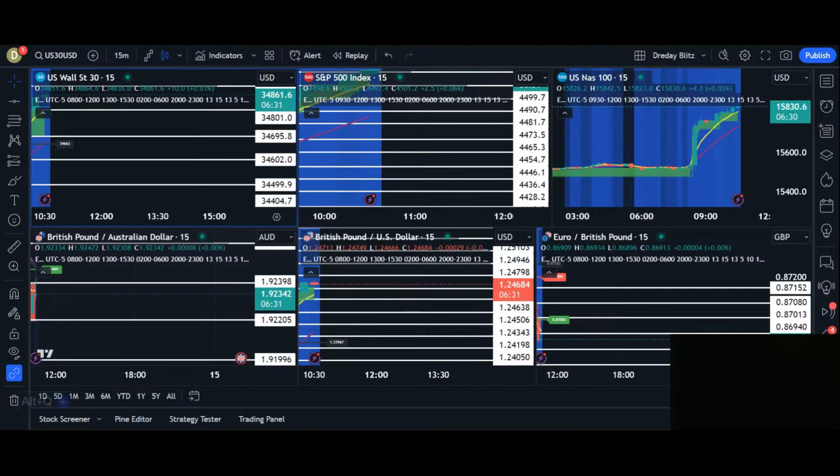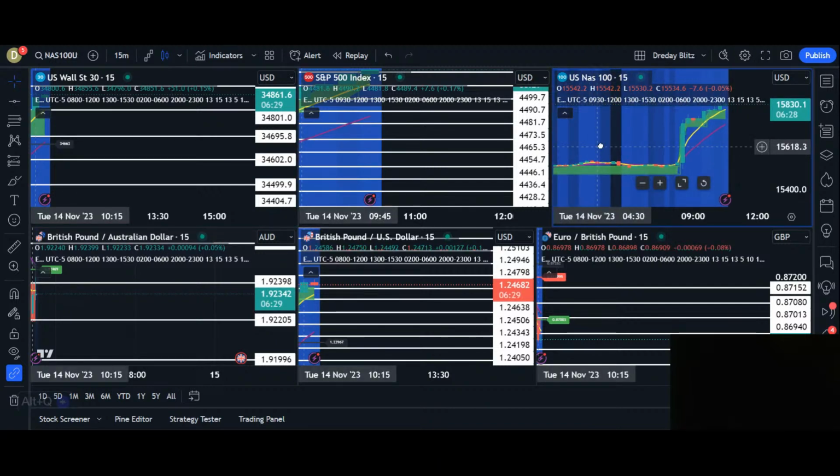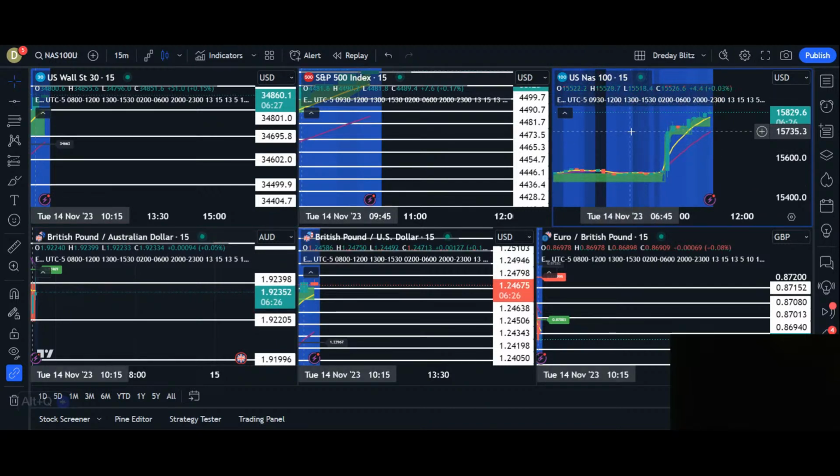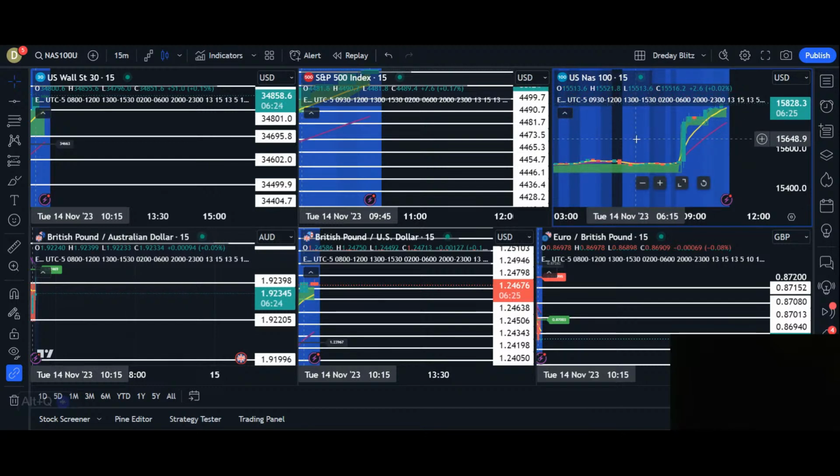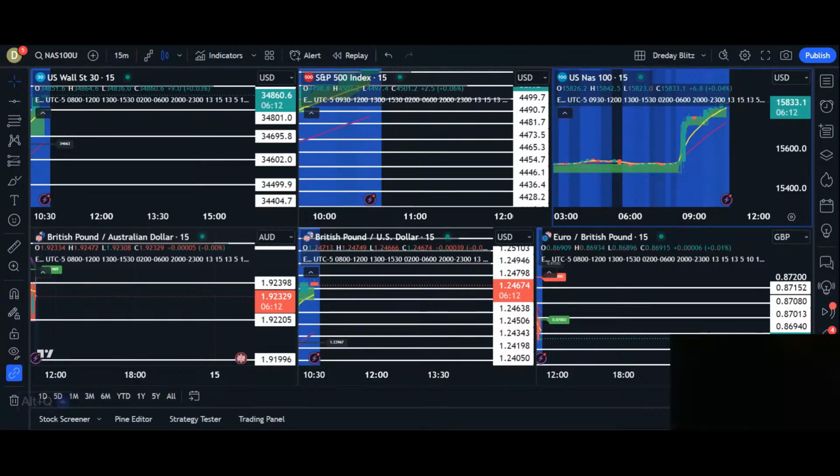All right. So for now, I don't think we're gonna receive any notification because the move was done at 8:30 for the indices, especially because of CPI news. So always look at news events.